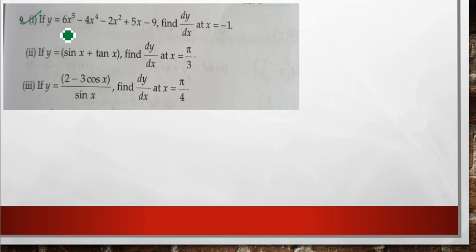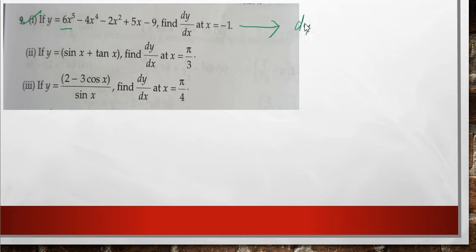If y equal to 6x to the power 5, now this is very easy but still I am doing it for you. So 6x to the power 5 minus 4x to the power 4 minus 2x square plus 5x minus 9. Find dy by dx at x equal to -1.